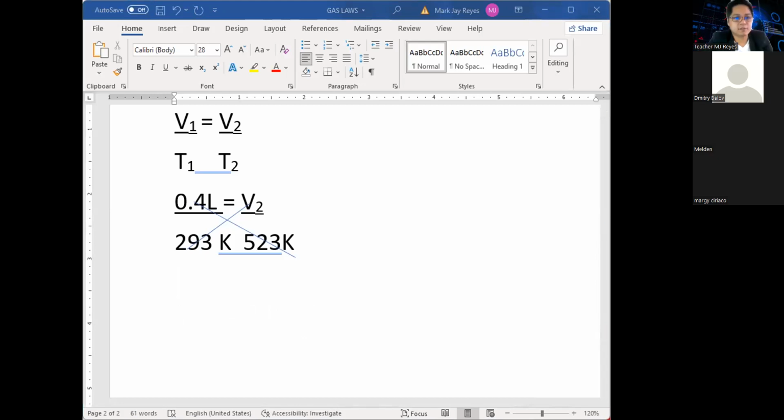Cross multiply. So it will look like this one. 0.4 liters times 523 Kelvin is equal to V2.